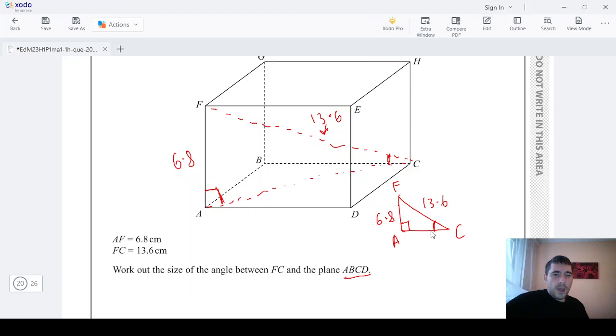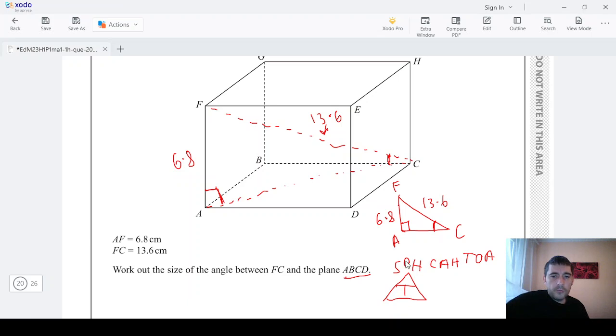Now, once we've got that, just use trigonometry. We've got the angle, we've got the opposite, and we've got the hypotenuse. The ratio of opposite divided by hypotenuse is called sin.